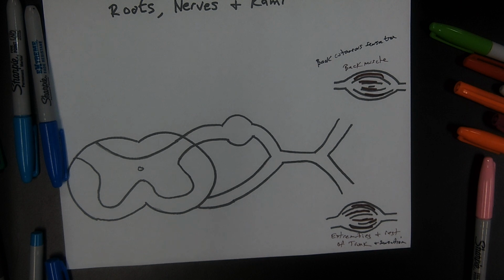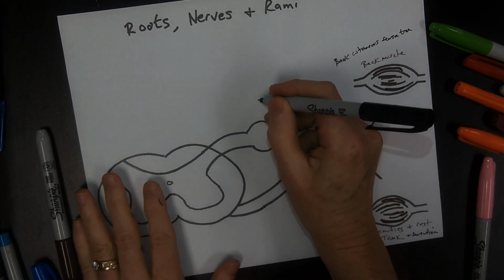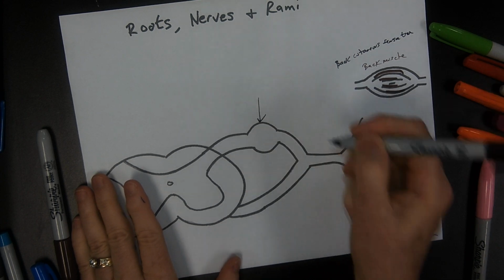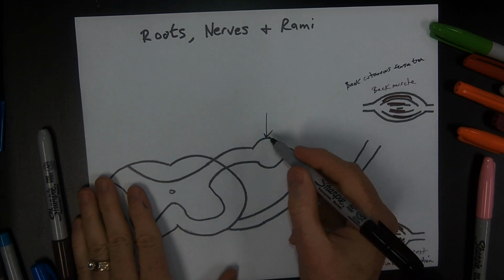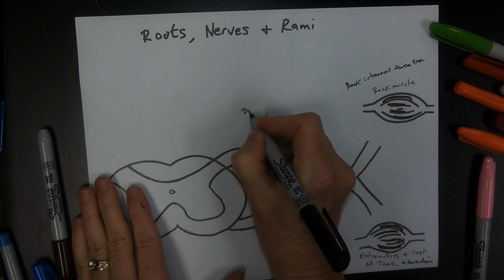Go through and label a few more things. So we talked about this before. Any guesses as to what this thing is? What's that? Yeah, that's your dorsal root ganglia right there.